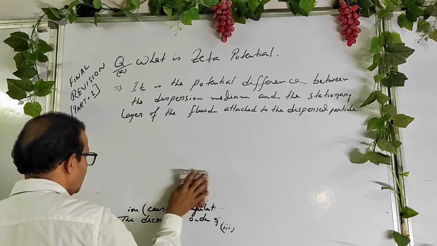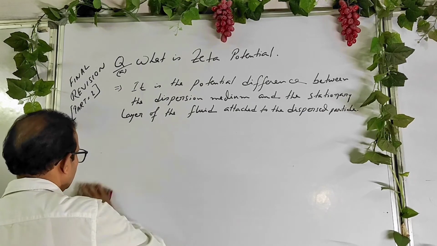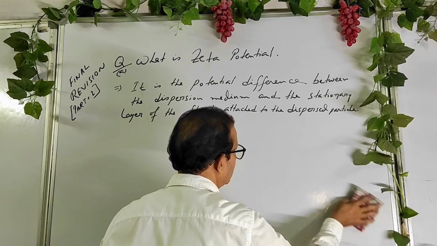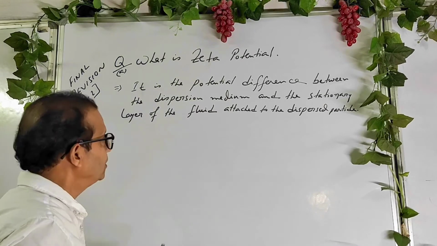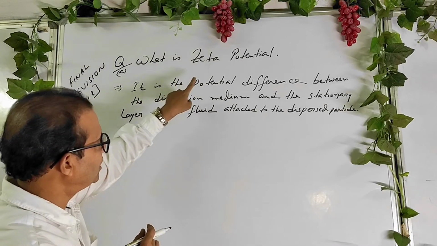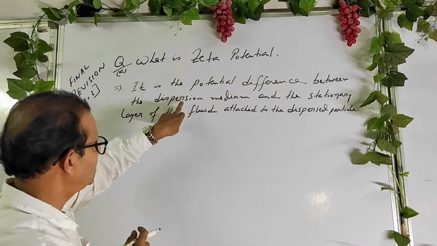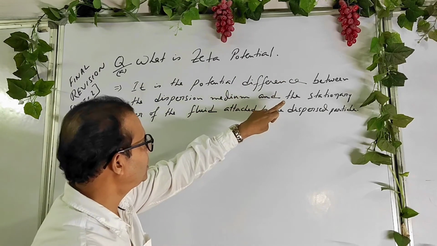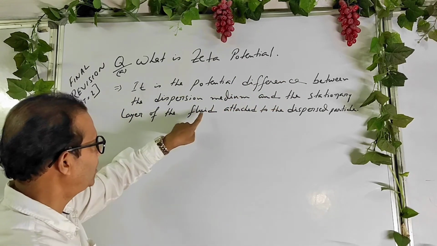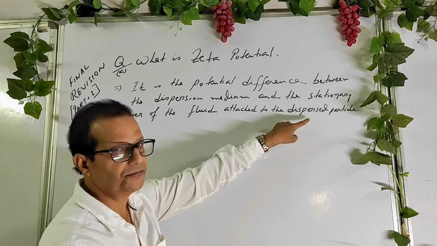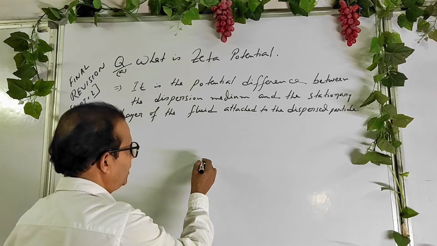Four years back I have seen the question, and the last three years I have not seen this question. So listen, it is the potential difference between the dispersion medium and the stationary layer of the fluid attached to the dispersed particles. Understand it.